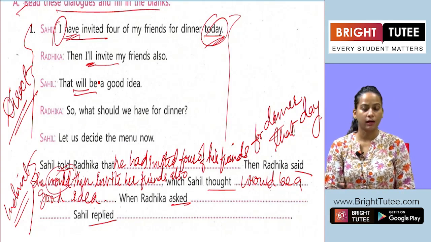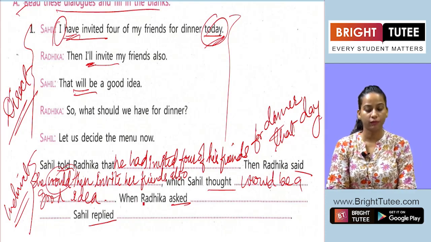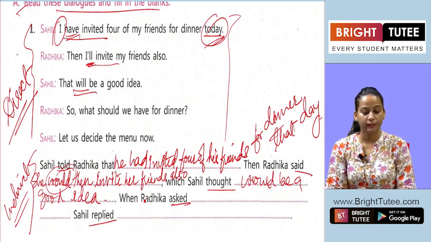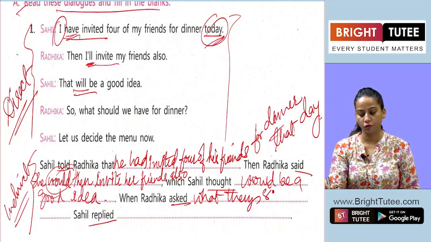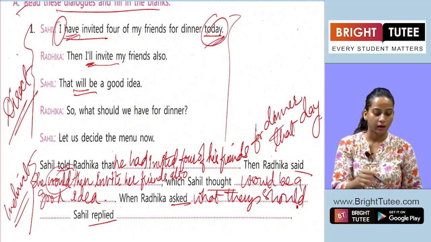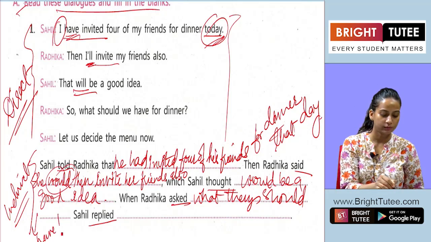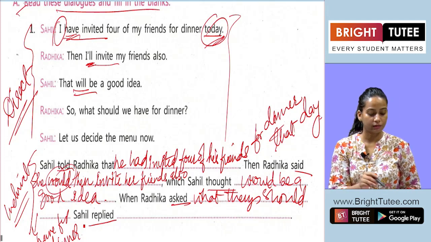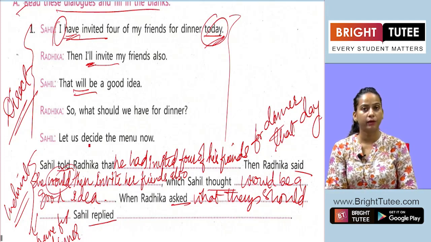When Radhika asked, "So what should we have for dinner?", this we have to change. When Radhika asked what they should have for dinner. Here Sahil replied, "Let us decide the menu now."